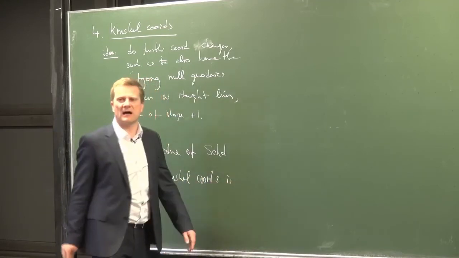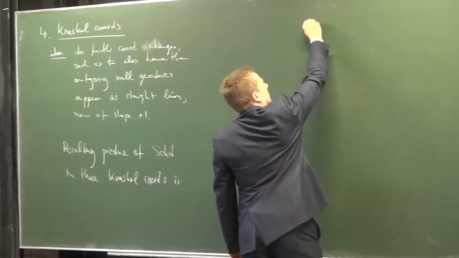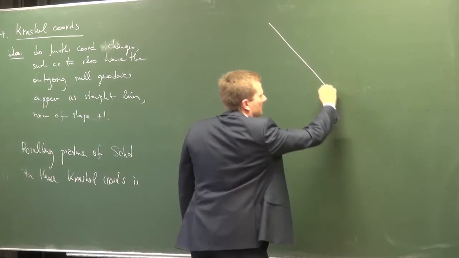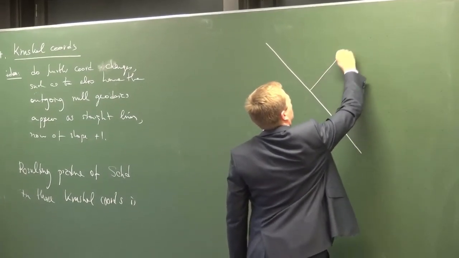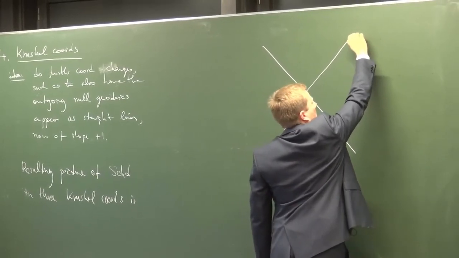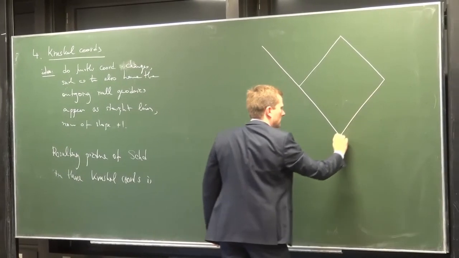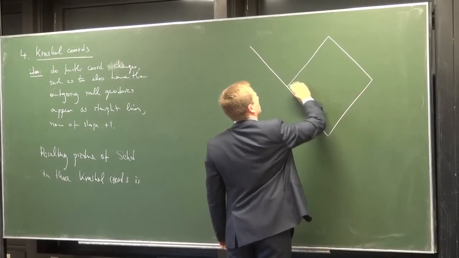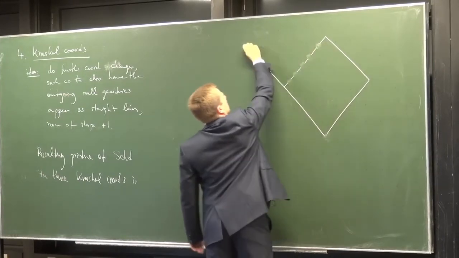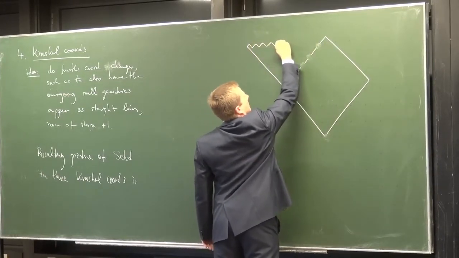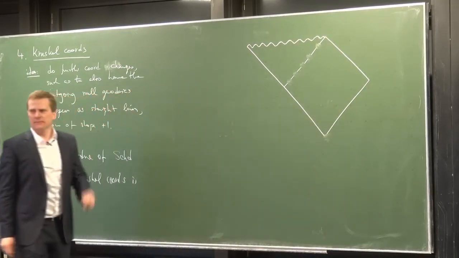is, and there's a surprise, and I try not to spoil it. So in the Kruskal coordinates, the Schwarzschild space-time looks like this. It's the interior.